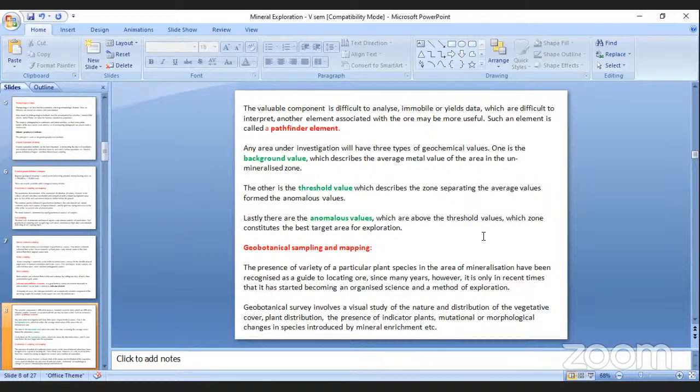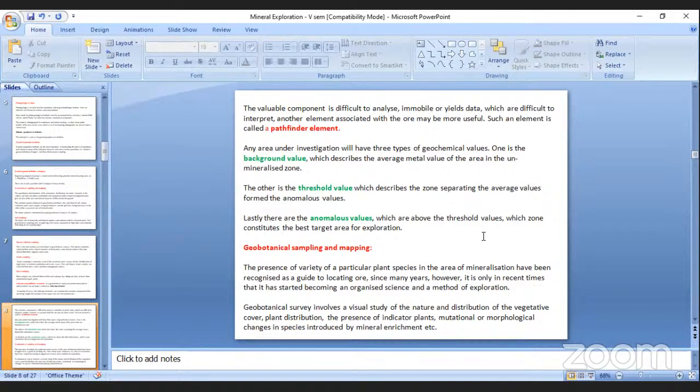If you got values above 4 ppm, such an area or zone is called a threshold zone or threshold values. It is not confined as a zone yet. Here, a group or number of samples have higher values compared to the normal background value, and such a value is called a threshold value.